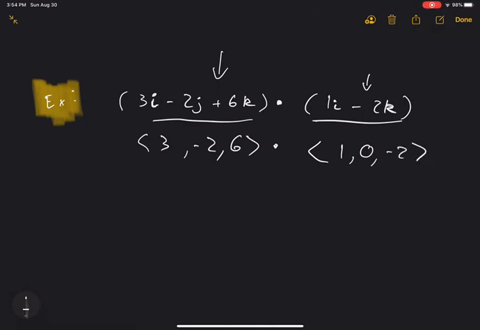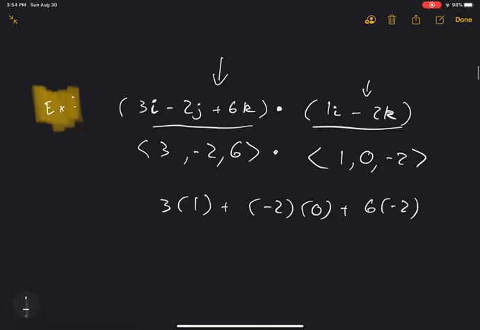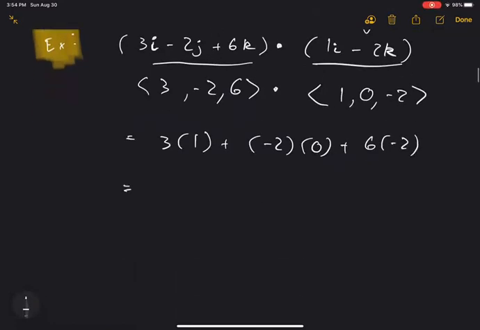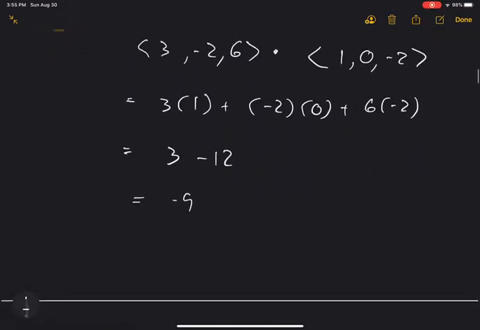And now I take my dot product again. So 3 times 1 plus -2 times 0 plus 6 times -2. 3 minus 12. So my dot product is -9.